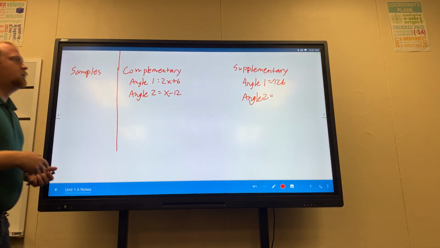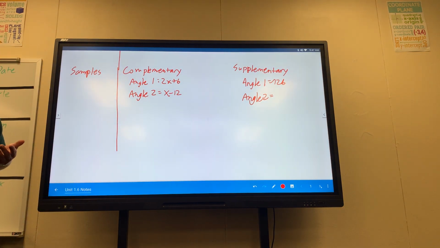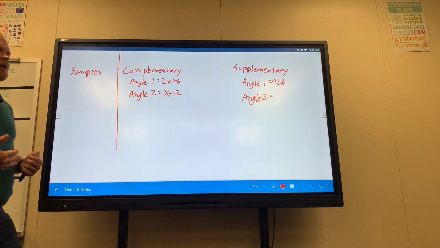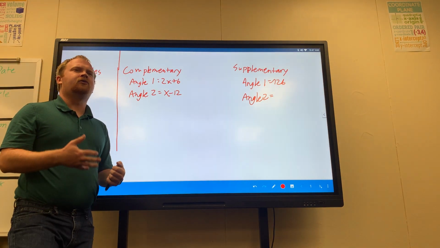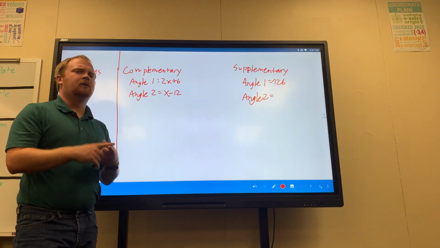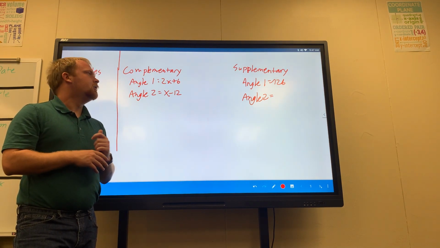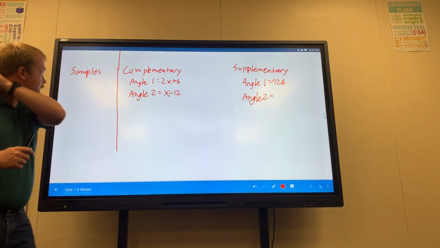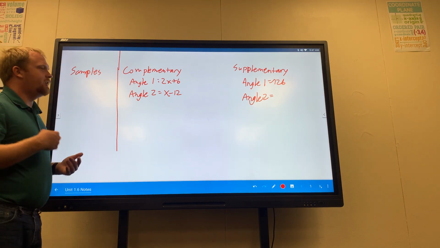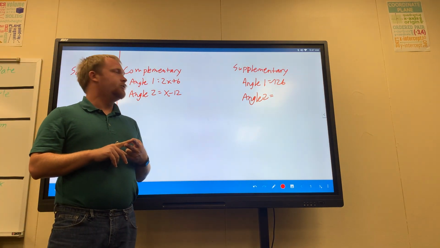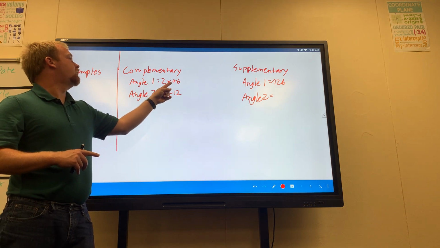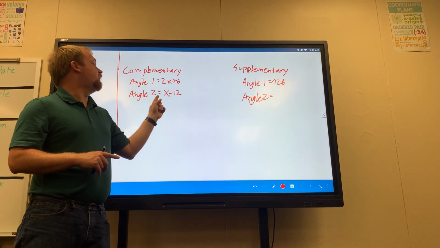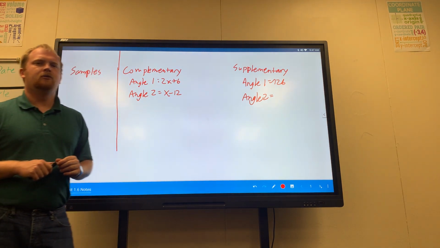Now, more often than not, you guys are going to be solving equations. You're going to have to solve or find angles that are complementary and supplementary. Okay? So let's look at this one right here. Complementary, let's say you have two complementary angles. One angle is 2x plus 6, and the second one is x minus 12.